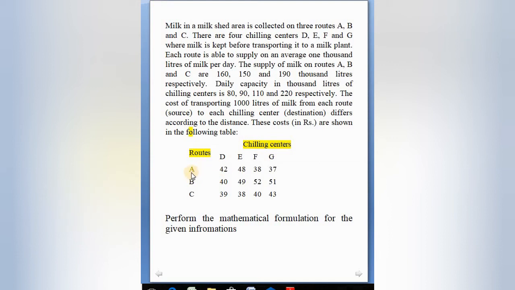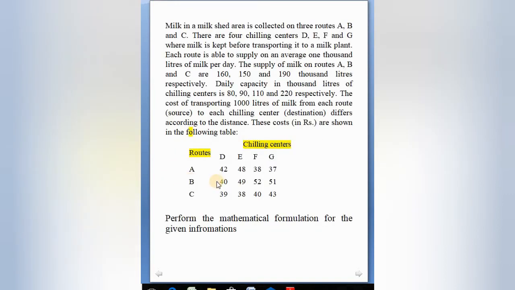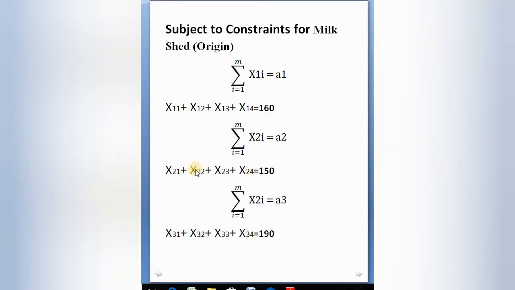We have formulated the subject to constraint for A of source origin, and now we have to formulate it for B. Same thing as we formulated for A: the transport of goods from route B to D. It means x21, x22, x23, x24. x21 is route B to destination 1, B to D, and B to E is x22 in the given example, and x23, B is 2 and 3 is F, and x24, B is 2 and G is 4.